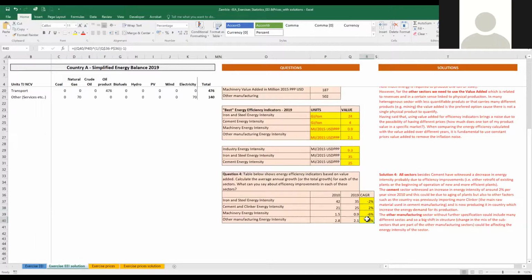For the other manufacturing sector, as we don't have more specification, it could include many different sectors. So a big shift in structure, that is a change in the mix of the subsectors that are part of other manufacturing, could be affecting the energy intensity of the sector.